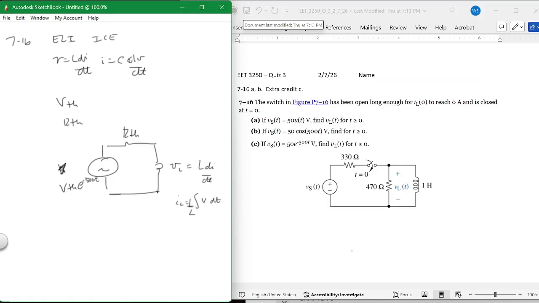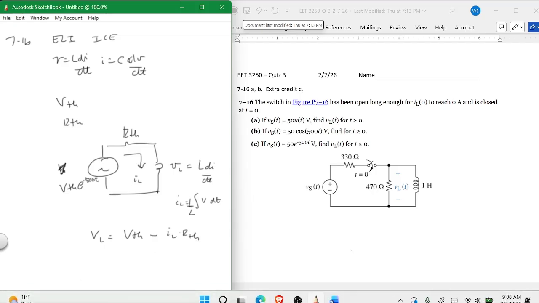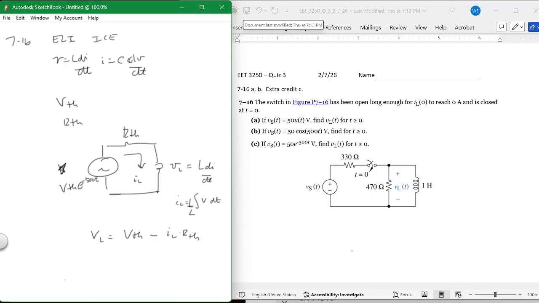So if you find I sub L, then you can say V inductor is equal to V Thevenin minus I sub L times R Thevenin. All right? And that would work.